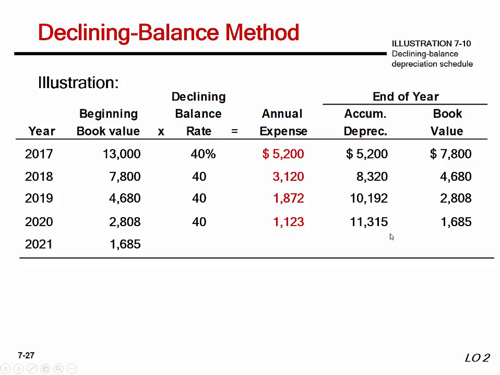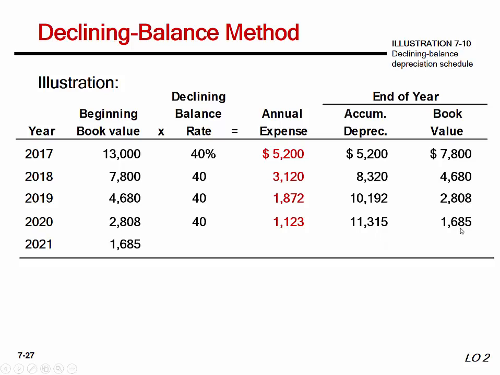And we know that this accumulated depreciation needs to be equal to what? Alright, so book value needs to be sitting at salvage value of $1,000. And this accumulated depreciation needs to be equal to the depreciable cost.